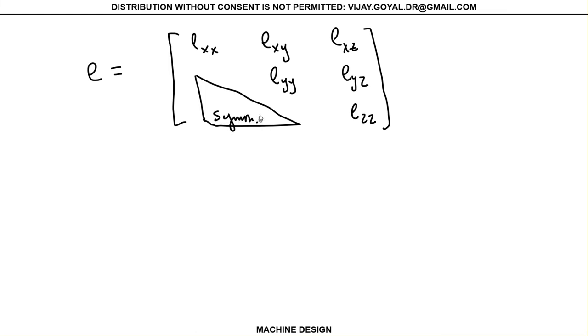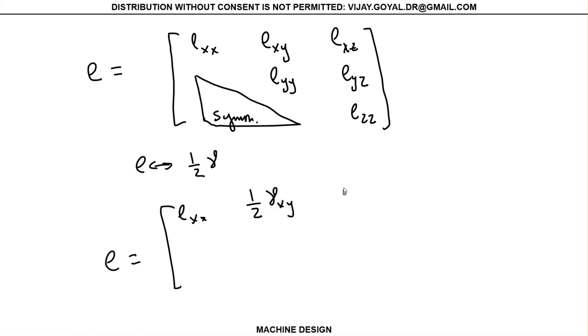It's a tensor, technically speaking. Now, writing this in the terms that we are used to, with the engineering strain, where this is actually 1/2 of gamma, you can rewrite this expression as exx, 1/2 gamma xy, 1/2 gamma xz, eyy, 1/2 gamma yz, ezz.